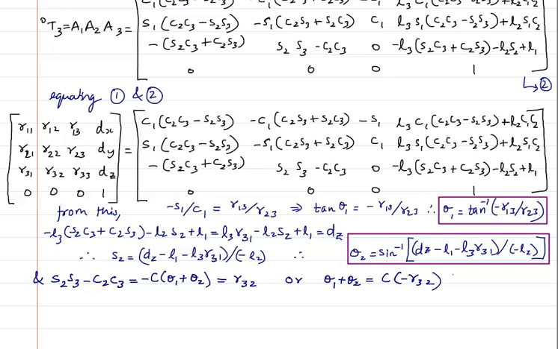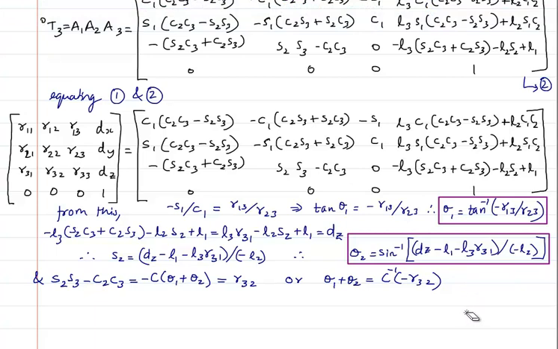We know there is no point in putting a minus there, because cos of minus theta is the same as cos of theta, so that is the same answer because it's cos inverse of minus R32.